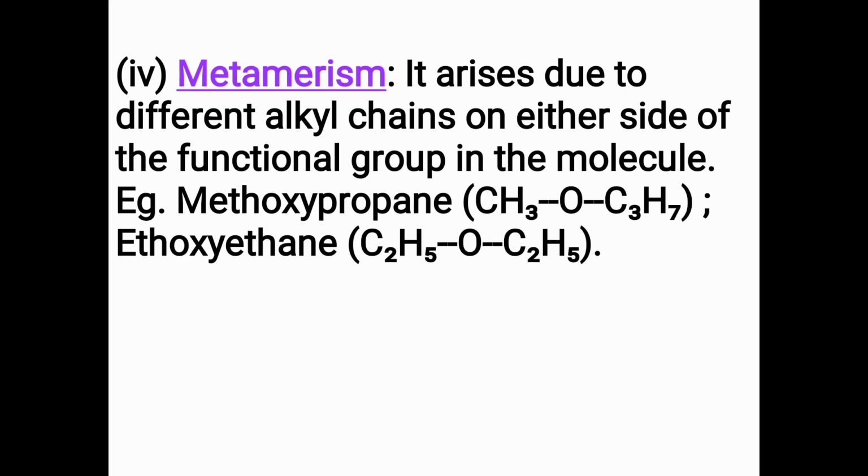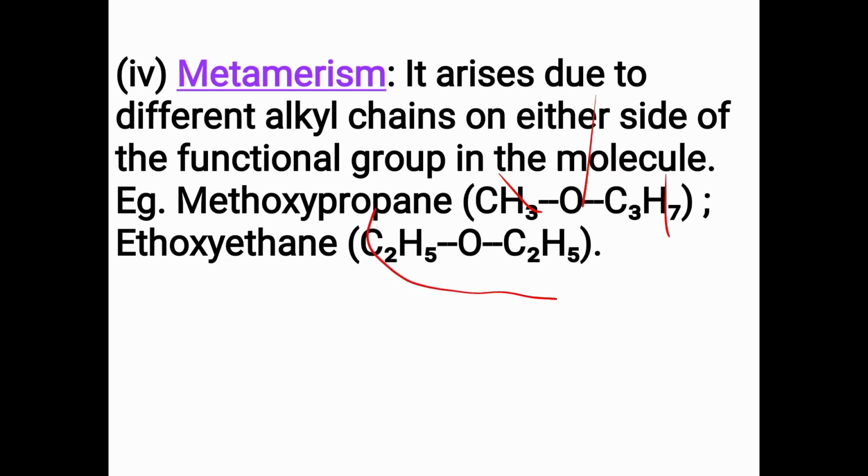Next you see here metamerism. It arises due to different alkyl chains on either side of the functional group in the molecule. That means here the functional group is O, that is ether, and the different alkyl groups are CH3 and C3H7.